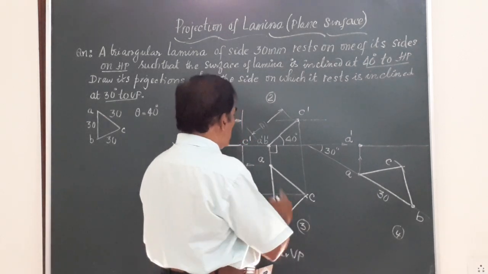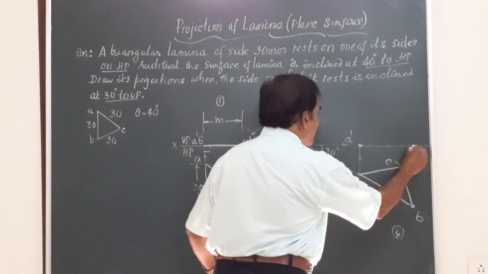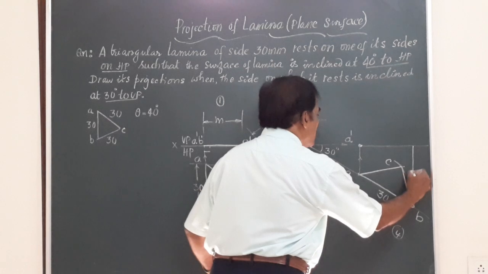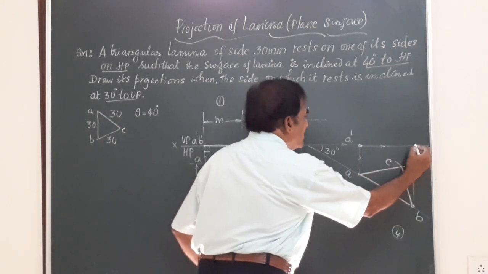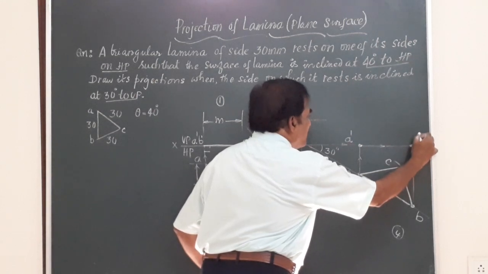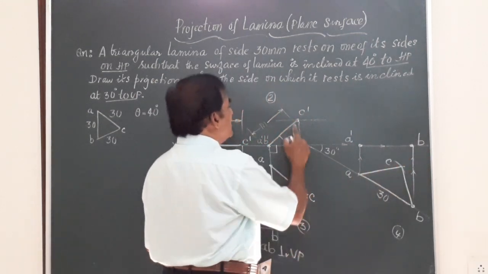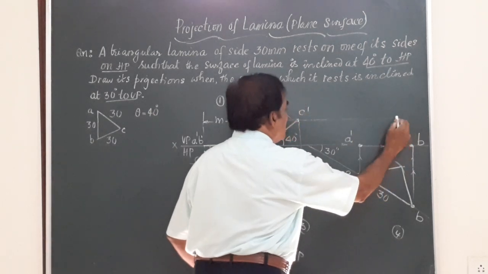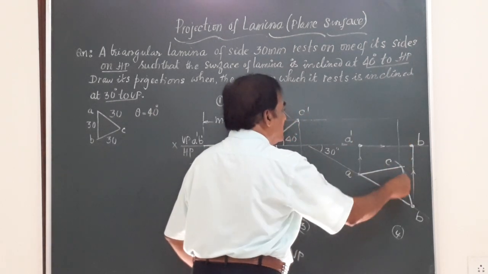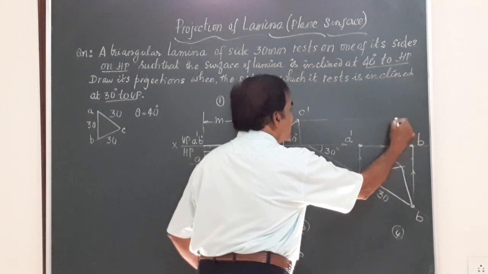Next, we have got B, vertical line from B, the horizontal line from B, the point where those two intersect is that point B dash. Finally, C I want, C is here. So, draw a horizontal from C, a vertical from C. So, these two will intersect here.